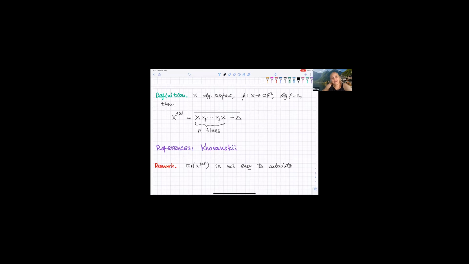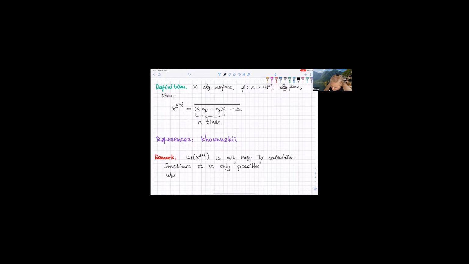Believe me, we had so many hard examples, and sometimes it is only possible, I say it's only possible because maybe someone can find a better way to do this, to determine whether the group is trivial or not.